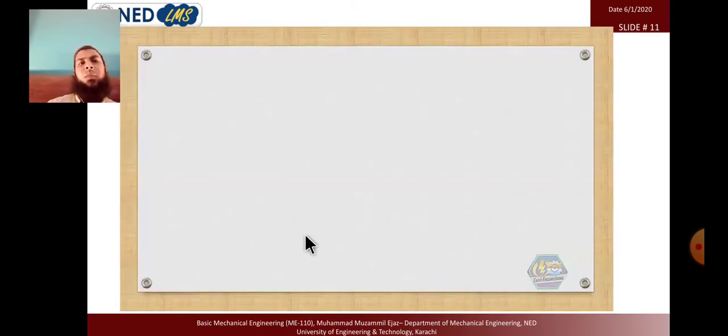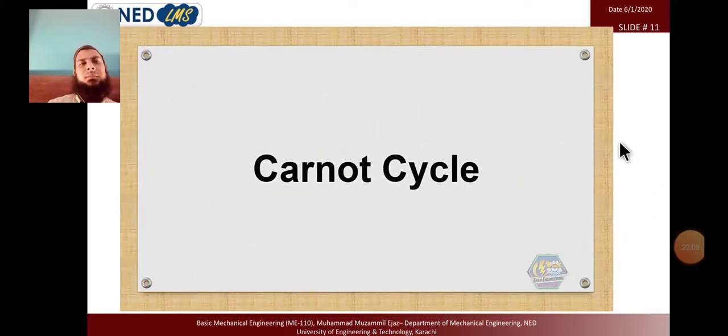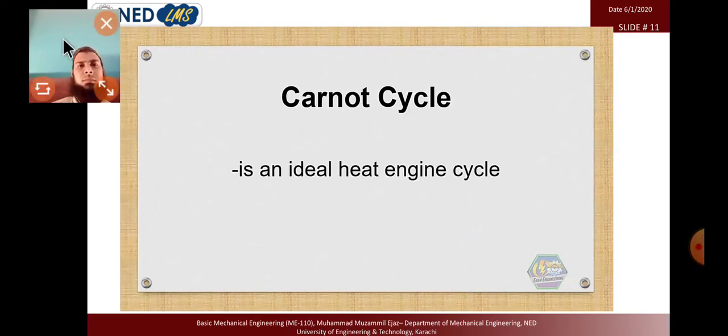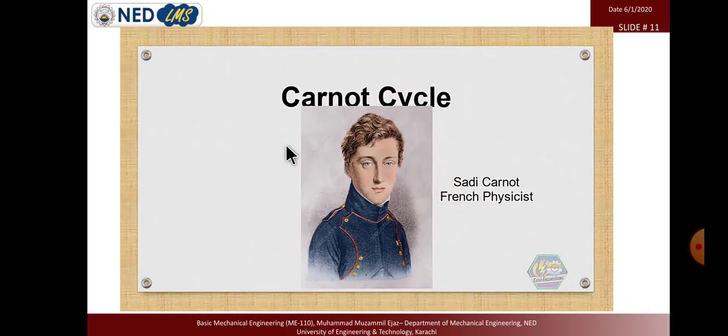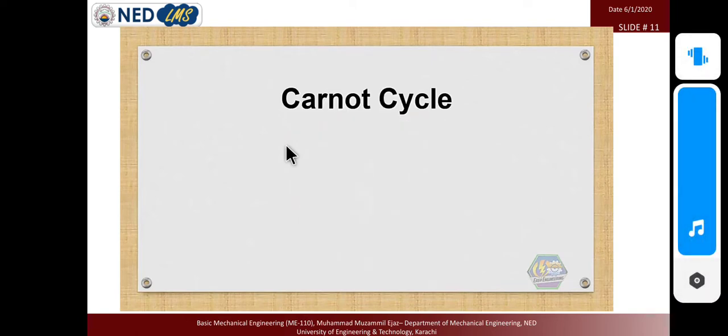Good day, ladies and gentlemen. Today's topic is the famous Carnot cycle. So, what are the things that we need to know about this cycle? First, it is an ideal heat engine cycle by a French physicist, Sadi Carnot. It utilizes heat energy transferring from a heat source to a heat sink. In addition, it is composed of 4 reversible processes.